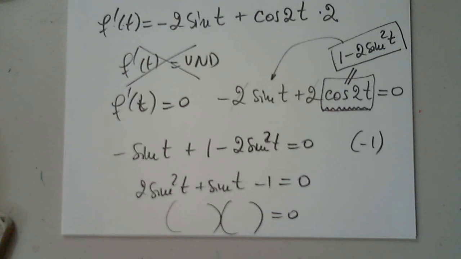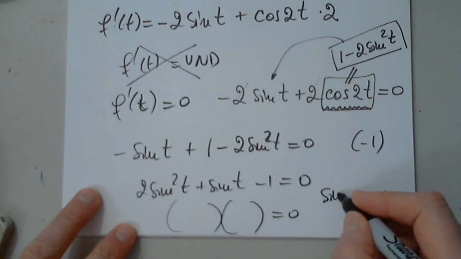Go to apps, press 9, go to polynomial. It's not a polynomial, but I can find the solutions in a blink with a quadratic. The coefficient is 2, and the coefficient is 1, and the coefficient is negative 1. So it should give us the solutions in a blink, and they are 1/2 and negative 1.